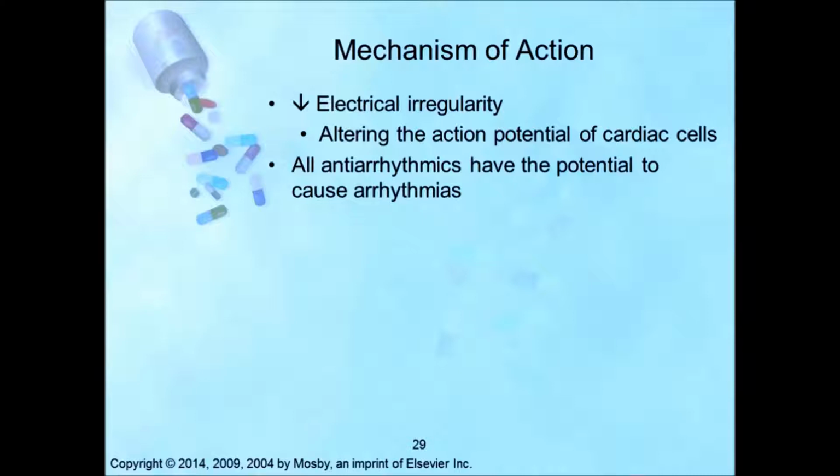Class 2 antiarrhythmics work by inhibiting sympathetic stimulation. Class 3 drugs prolong phase 3 repolarization by blocking potassium channels, and this results in the QT interval being prolonged on EKGs. Prolongation of the QT interval increases the risk of torsades de pointes. Amiodarone, however, is the exception.